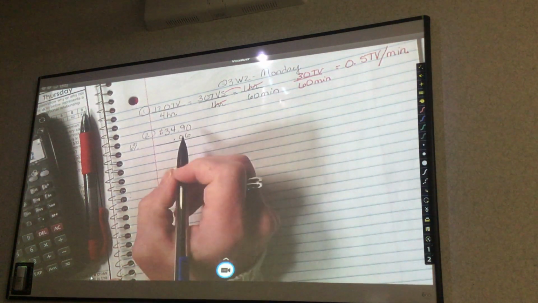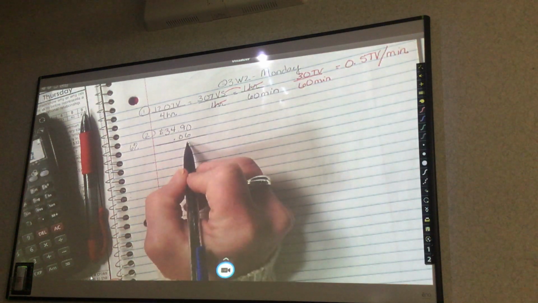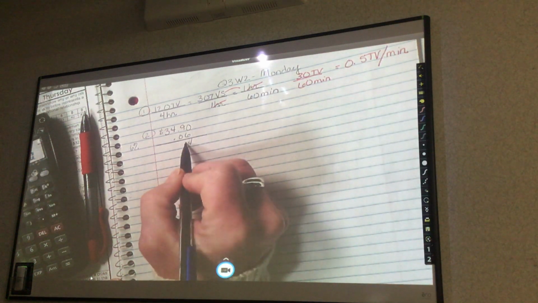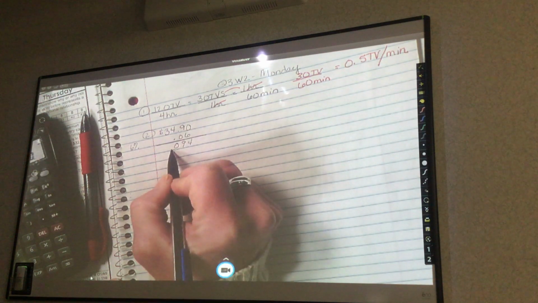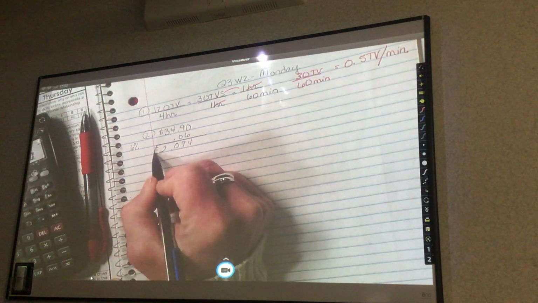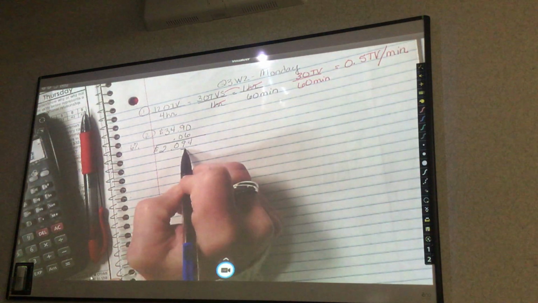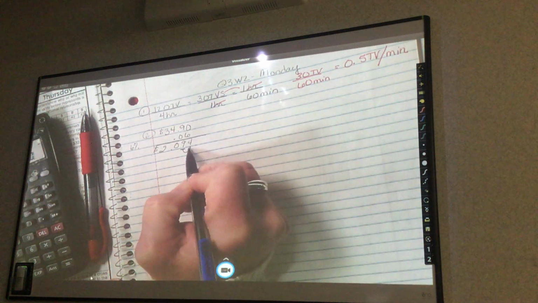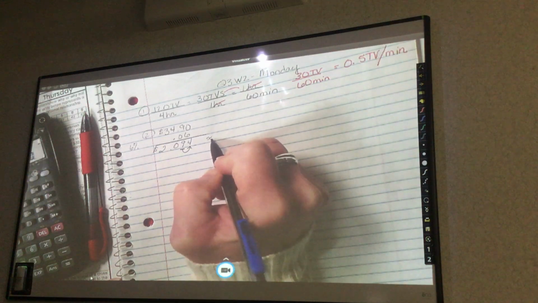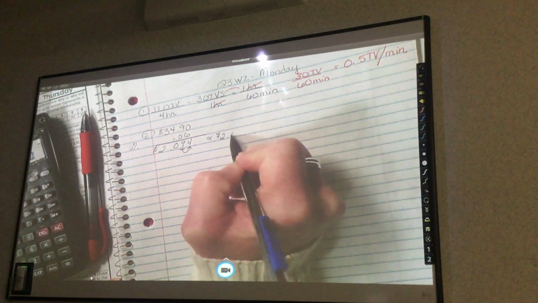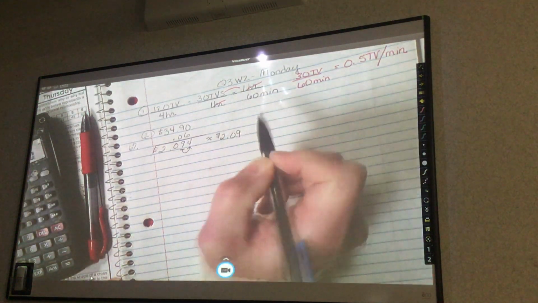Once I put it in my calculator, it says about, so I need to round it to the nearest penny. So it's about $2.09 for the tax.